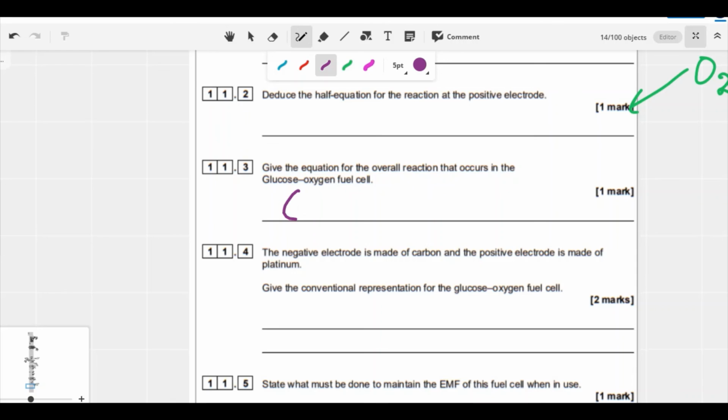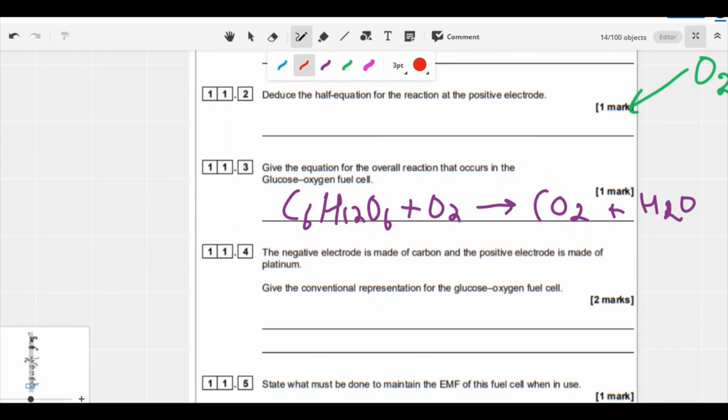Here is C6H12O6 in the presence of oxygen, which converts into carbon dioxide and water molecules. Now you need to balance it, so there will be 6, 6 and 6. That is the equation here.